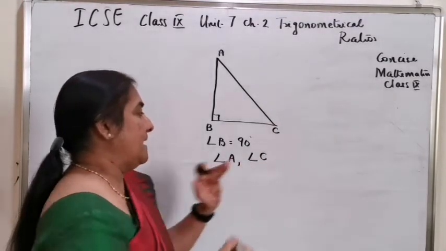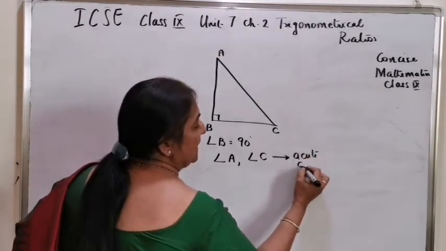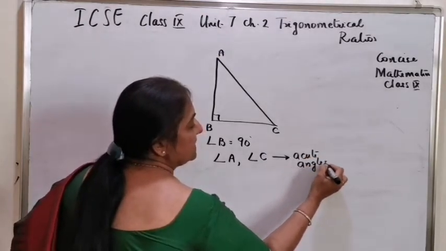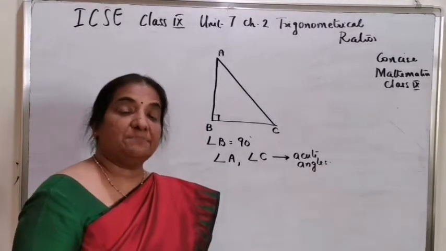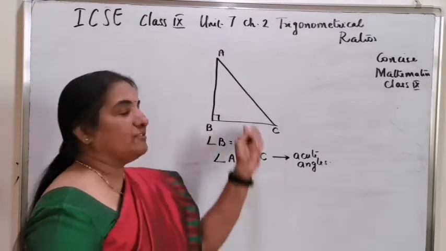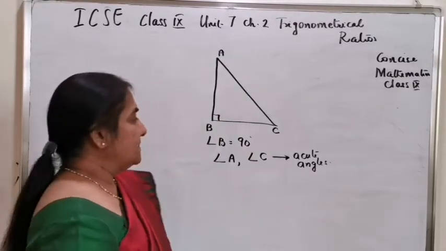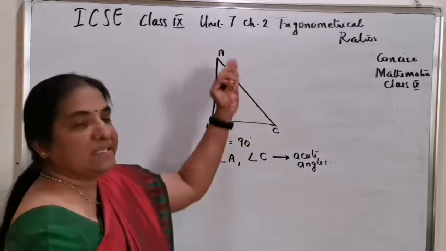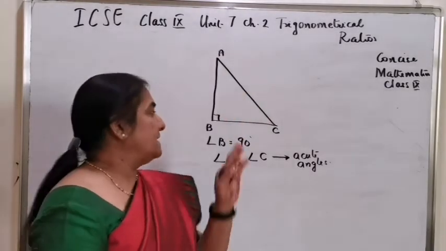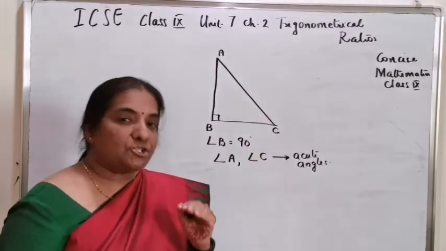Both angle A and angle C will be definitely acute angles, that is, angles whose measure is below 90 degree, because the sum of all angles of a triangle is 180 degree. Thus, when triangle ABC is a right triangle, right angled at B, angle A and angle C are two acute angles.